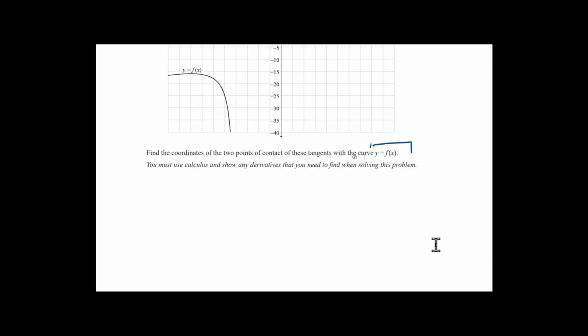f of x is x squared over x plus 4. We want to differentiate this. So we've got a function over another function, so let's use the quotient rule. First thing we need to do is work out what our u and v is.